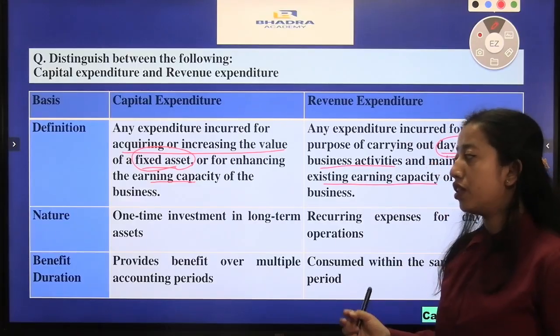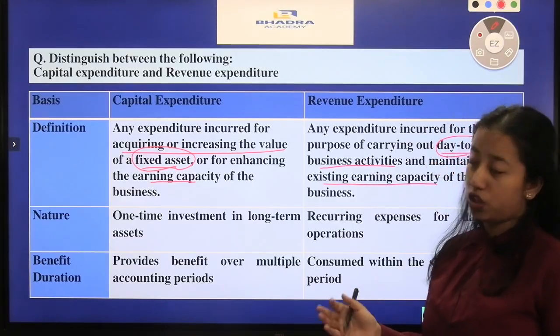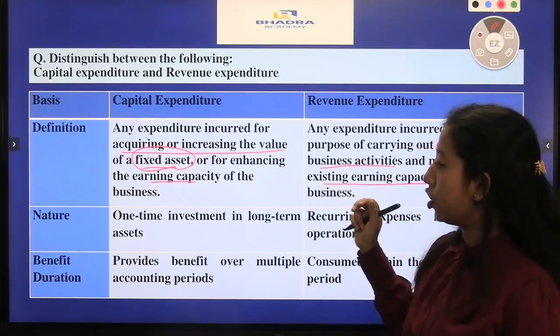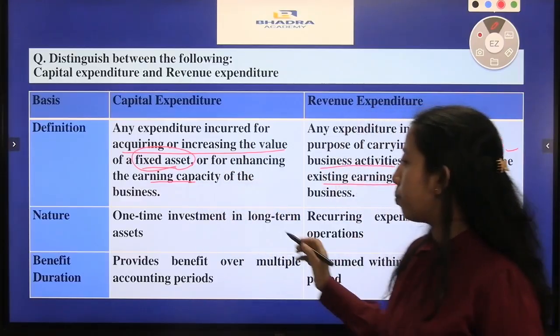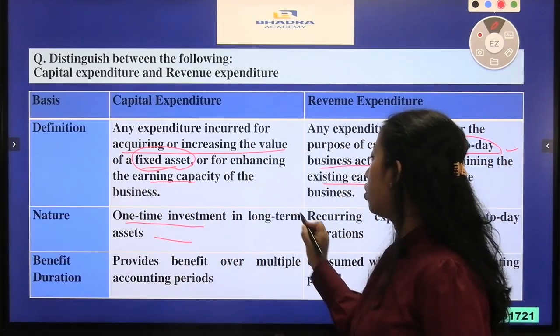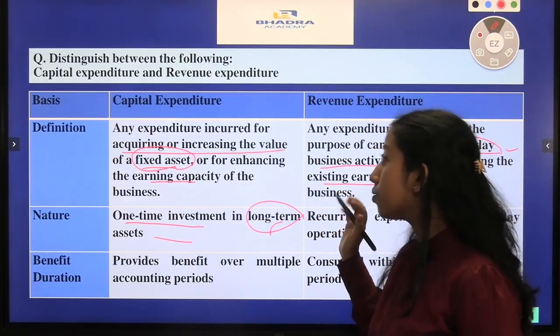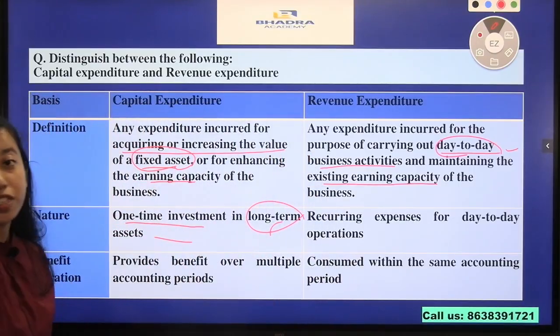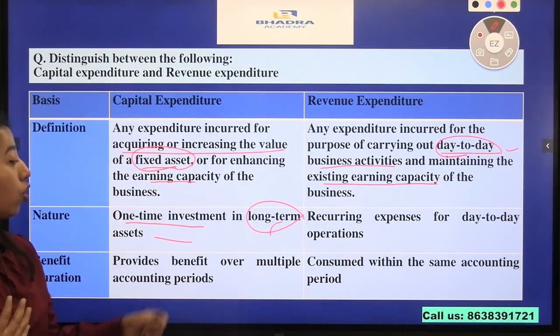The next point of distinction that we have is nature. What is the nature of these two? First, the nature of capital expenditure is a one-time investment in long-term assets. That is, capital expenditure is a one-time investment made in long-term assets.